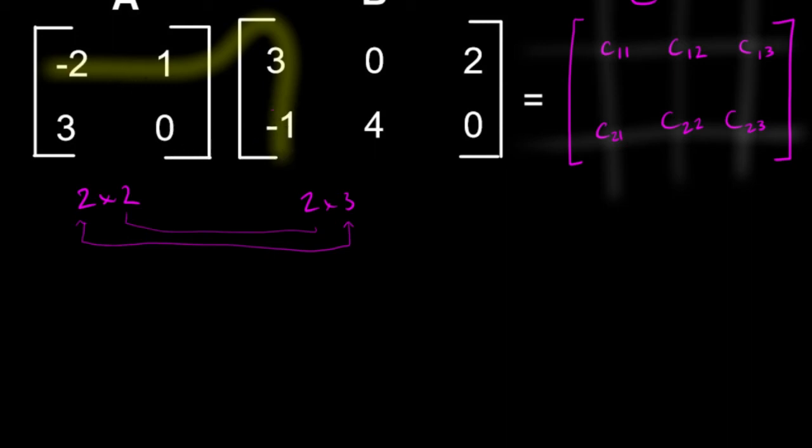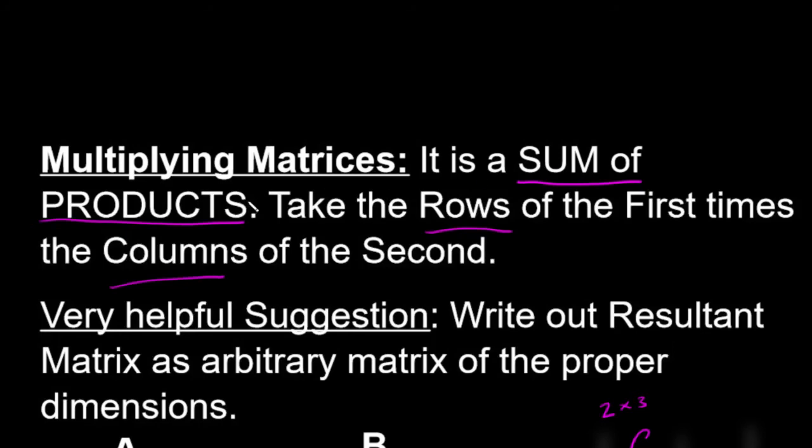And what you do is you take the corresponding entries and multiply them together. So the first entry here and the first entry here, you multiply them together. So we'll do this in yellow. C11 is going to be equal to -2 times 3. And remember, we first defined this as a sum of products.